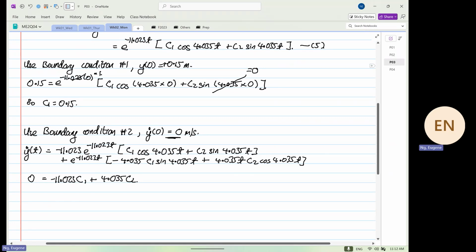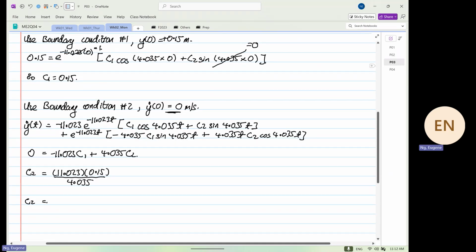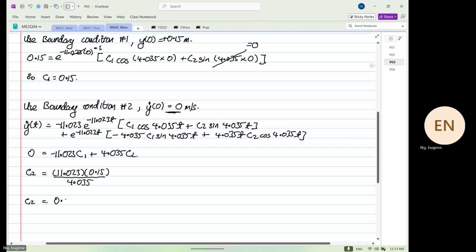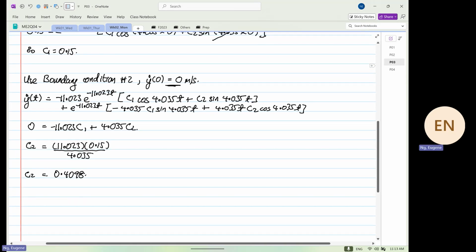So from here, we now want to find C2. So this is 11.023 multiplied by C1 of 0.15, and then we divide the whole thing by 4.035. And finally, our C2 will be equal to 0.4098.